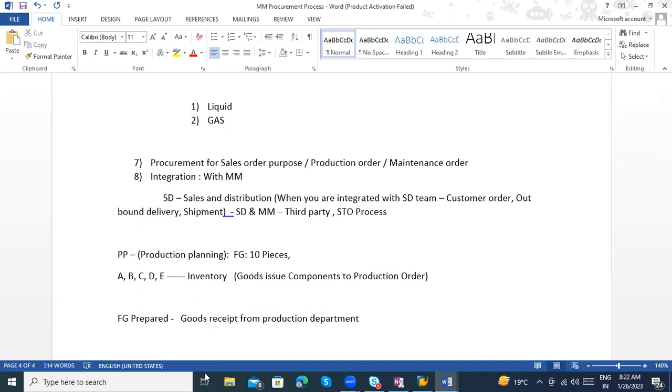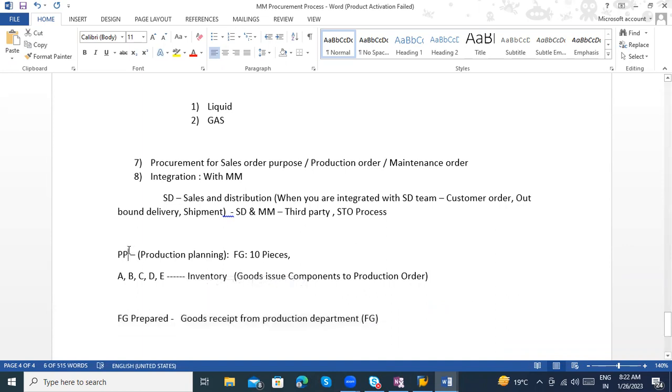Goods receipt from the production department, of the FG product, because the production is completed. So that is one process in the integration area.